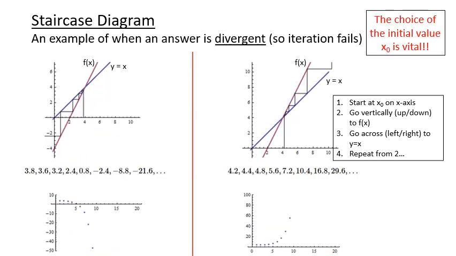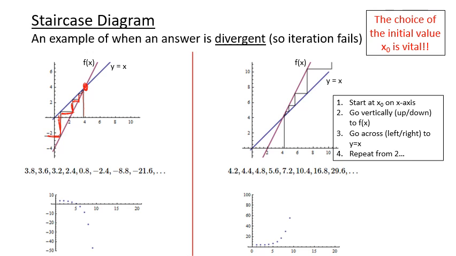Here are some examples of staircase diagrams which are divergent. In this case, the iterative process fails. If we look at the picture in the top left-hand corner, and we started with an x value of 3.8, from 3.8, if we go to our function and then to the line y equals x, and then back to our function and then to the line y equals x, and then back to our function and over to the line y equals x, we can see that the staircase is getting wider and the values are actually getting further away from the solution to the problem.